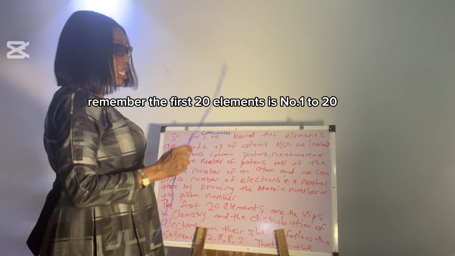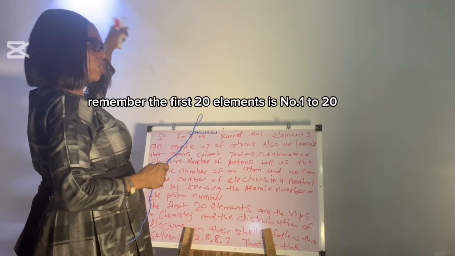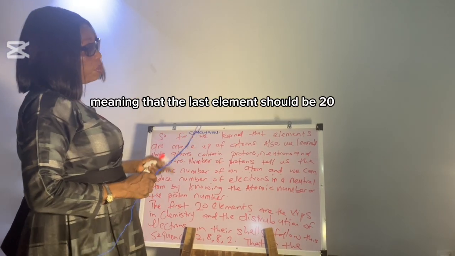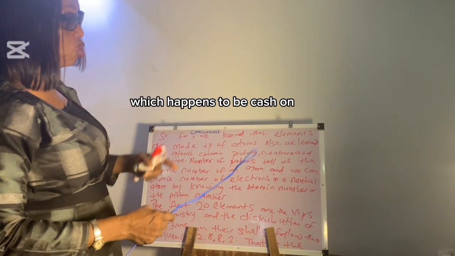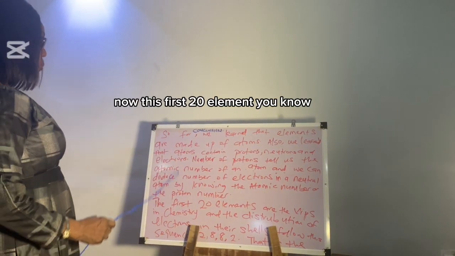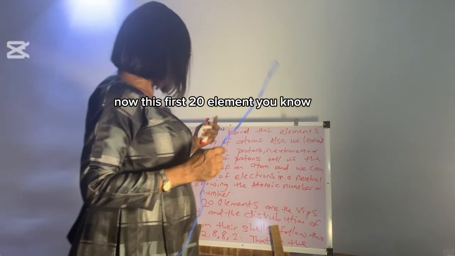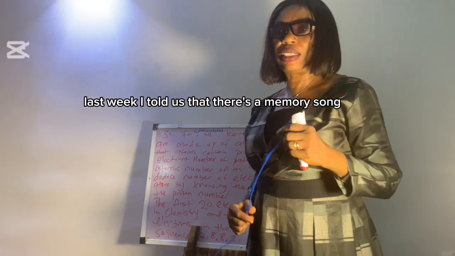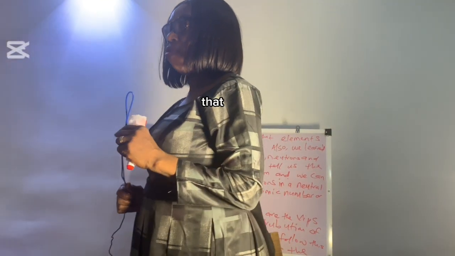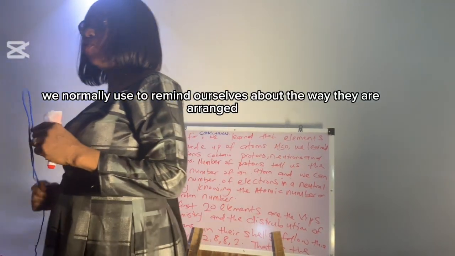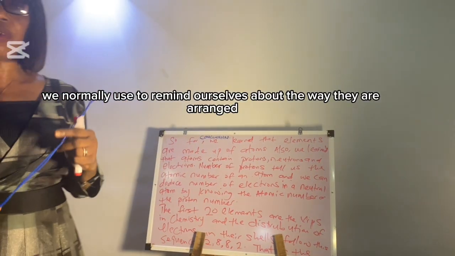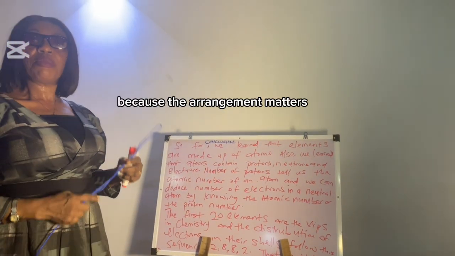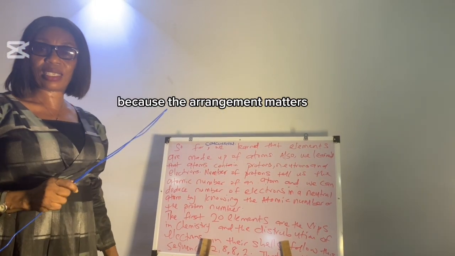Remember, the first 20 elements are numbered 1 to 20, meaning that the last element should be 20, which happens to be calcium. Now, for these first 20 elements, last week I taught us that there is a memory song that we normally use to remind ourselves about the way they are arranged, because the arrangement matters.